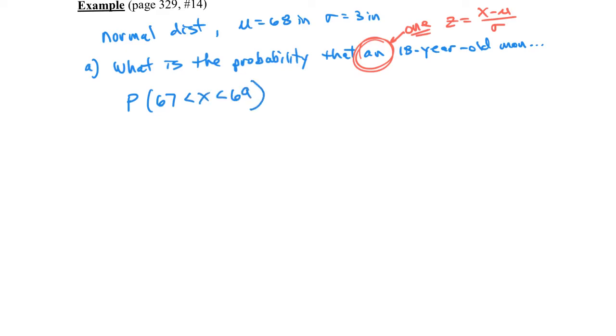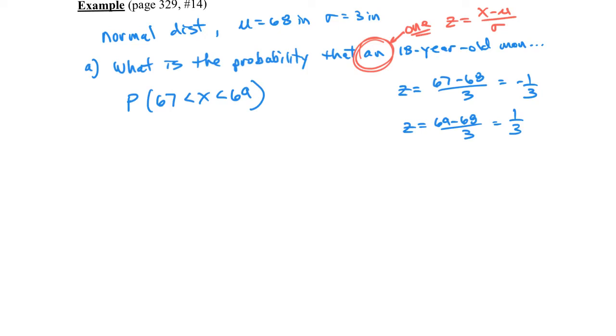Right here, right? This is the one that we're looking for. So we're going to convert to z-scores, of course. So we've got z equals, and I'll do the 67 first. So we can get negative 1/3. And then for the other one, looks very similar.